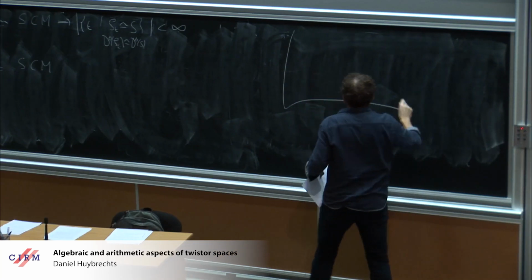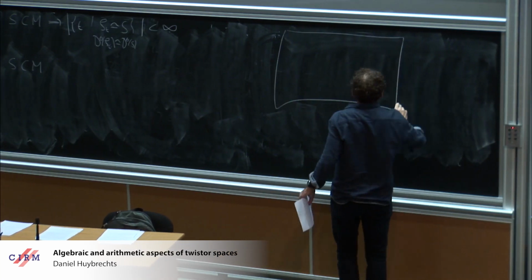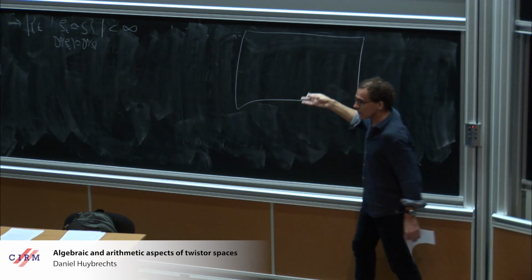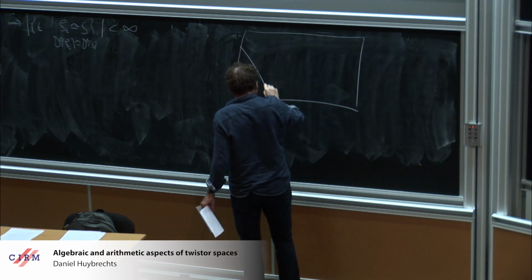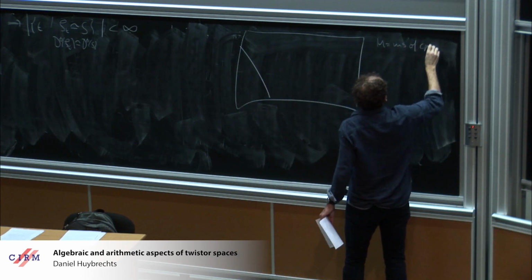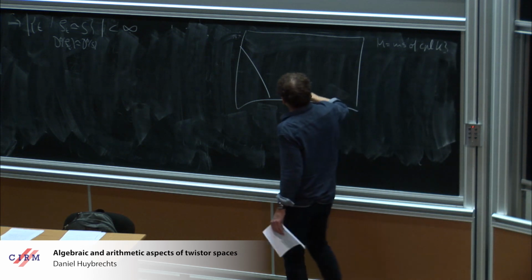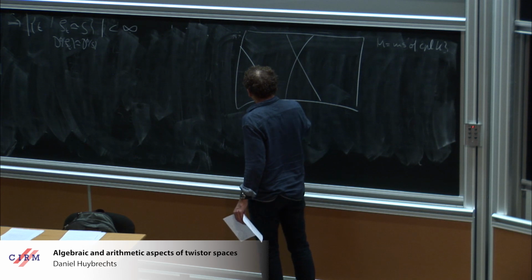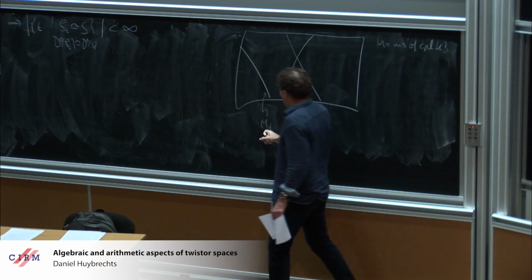So let's pretend there is a moduli space of complex K3 surfaces, which there's not, okay? Then that's a moduli space of all complex K3 surfaces.